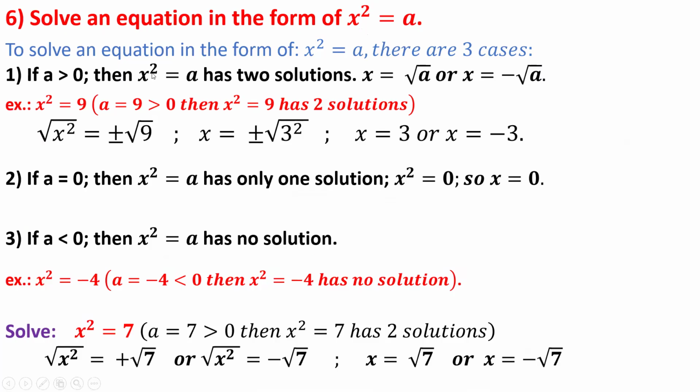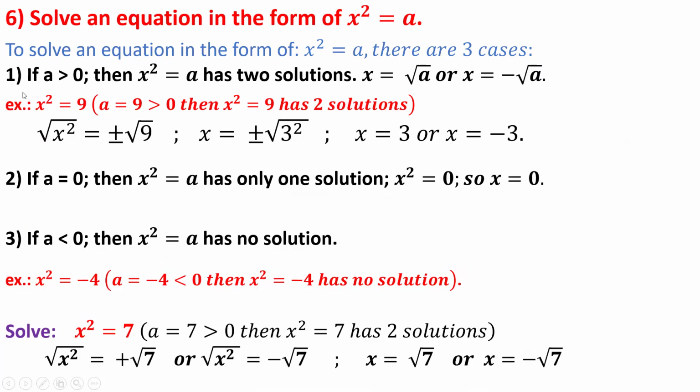To solve an equation in the form of x squared equal a, there are 3 cases. If a is positive, then my equation has 2 solutions. They are x equal radical a or x equal minus radical a. For example, x squared equal 9. 9 is positive, then this equation has 2 solutions.